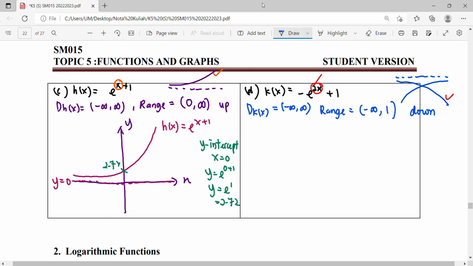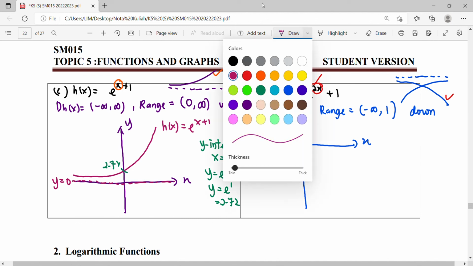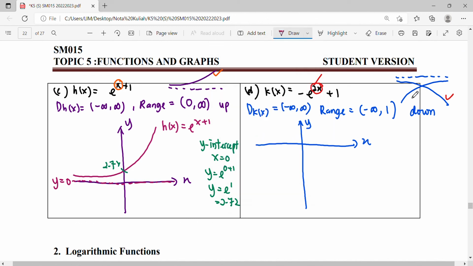So now we can set up our axis. X-axis, Y-axis. Draw our asymptote first. Where's our asymptote? You can see the maximum you can go is 1. Means your asymptote is located at y equals 1.